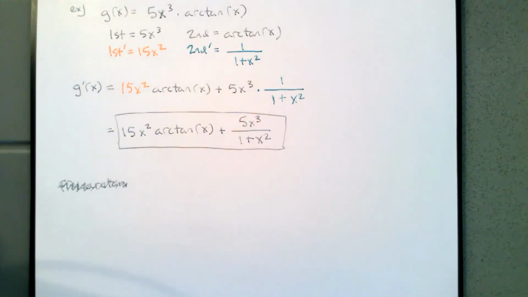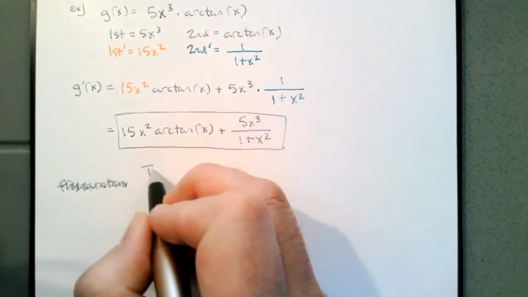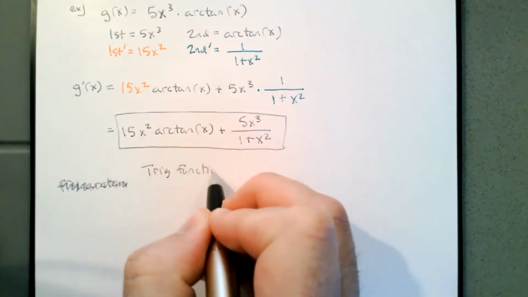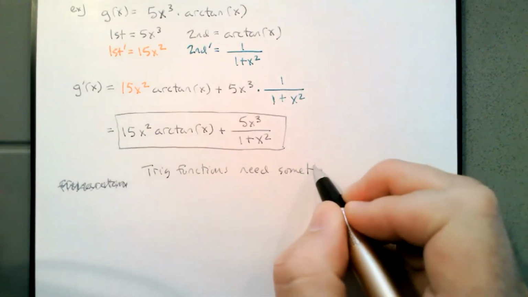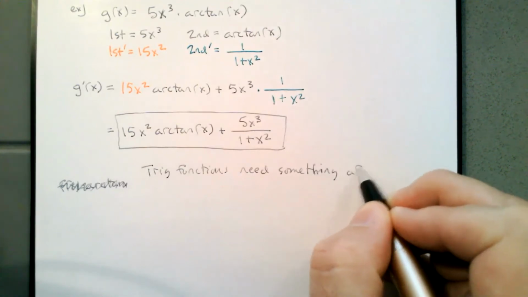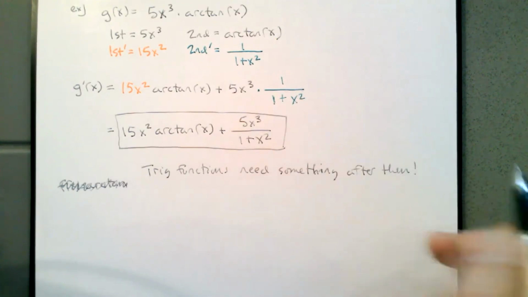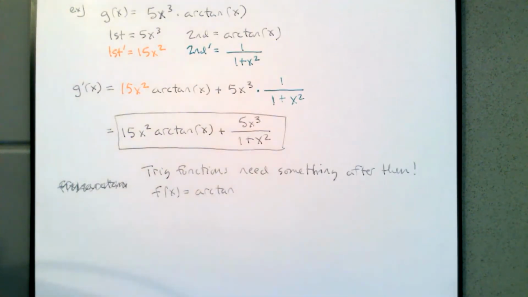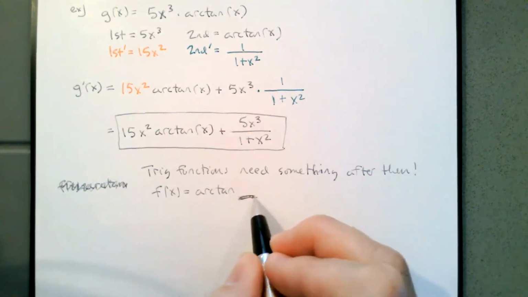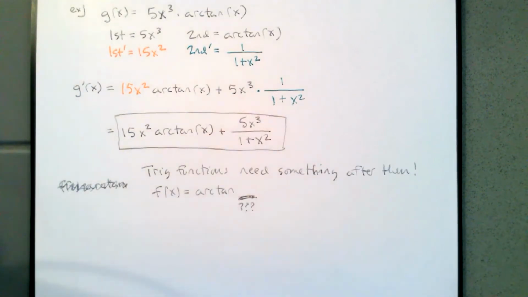They need something with the variable or a constant to come after them. So if we just write f of x is equal to arctangent, this means nothing. This is an incomplete thought. Someone stopped in the middle because there needs to be something right here. So f of x equals arctangent means nothing unless you say arctangent of something.